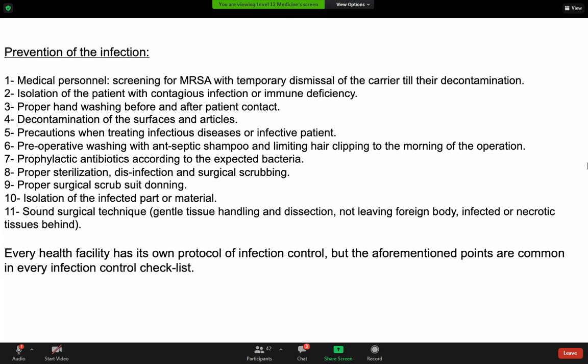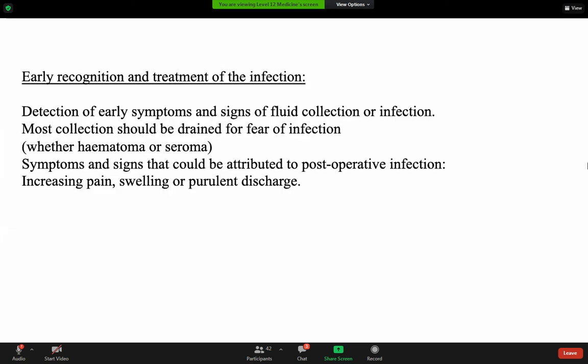Okay, all of that will help protecting and preventing all of the infection.